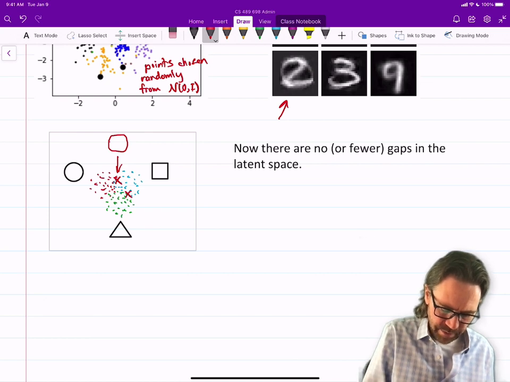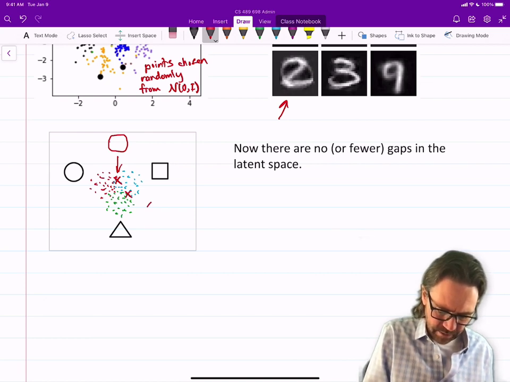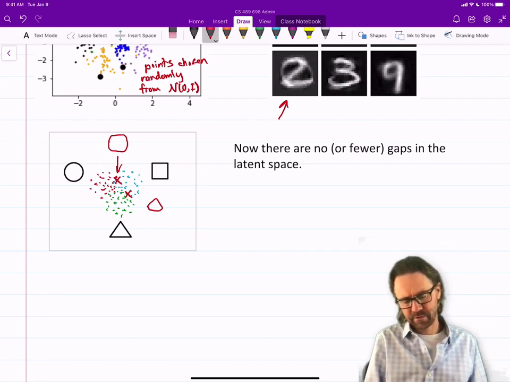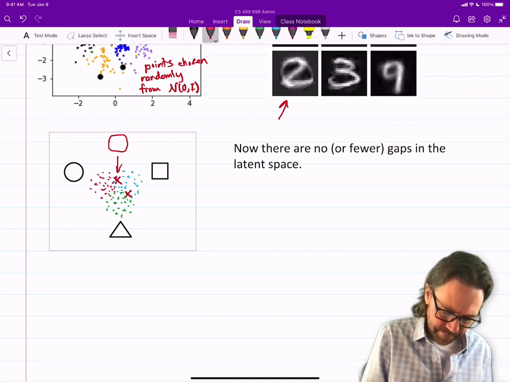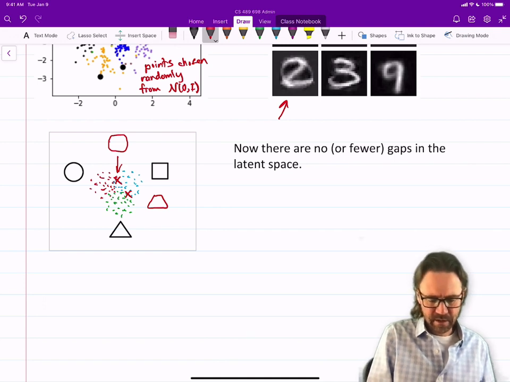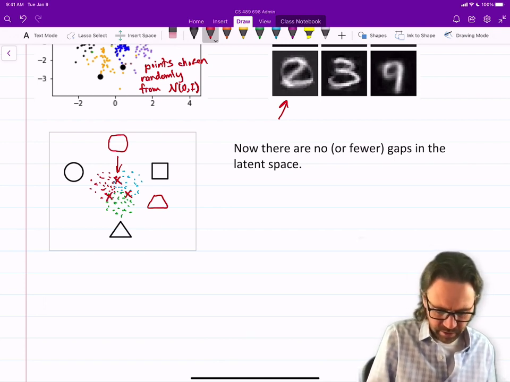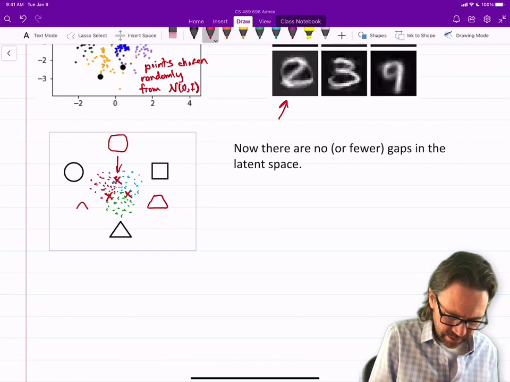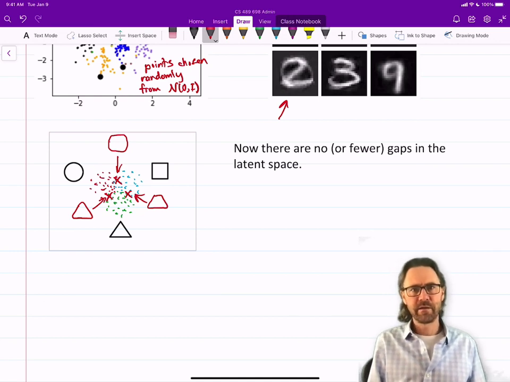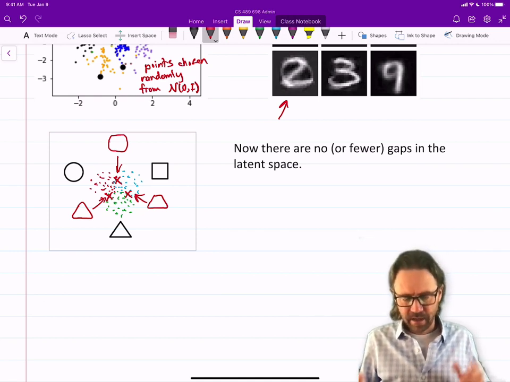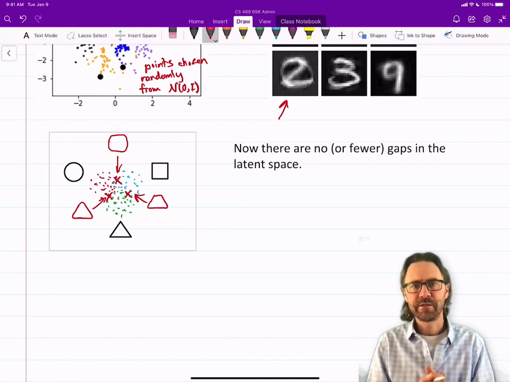And one over here would be kind of a triangular square, maybe like this. And then over here, I'd have something between a circle and a triangle, so kind of a rounded triangle. Again, because there are fewer gaps in the latent space.